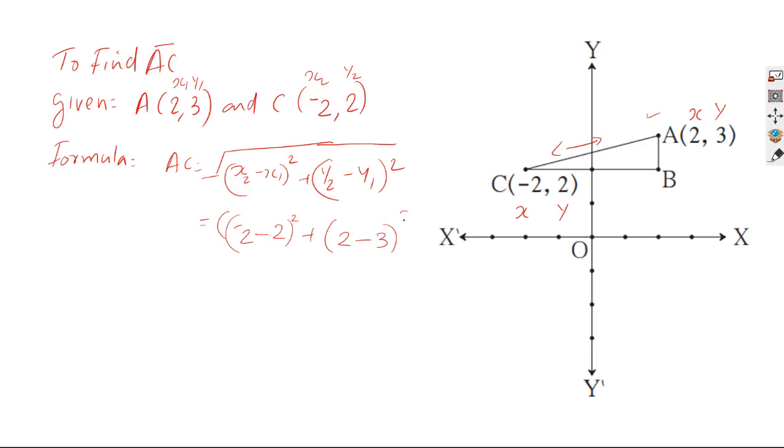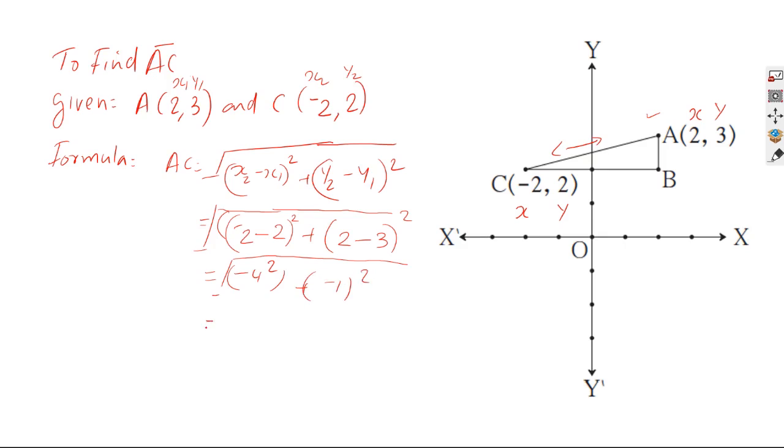In that case we will be writing this as -4 whole square. I forgot to write the square root sign over here, managing my digital board, please bear with me. So this will be -4 square, and this will be 2 minus 3, that is -1, whole square.